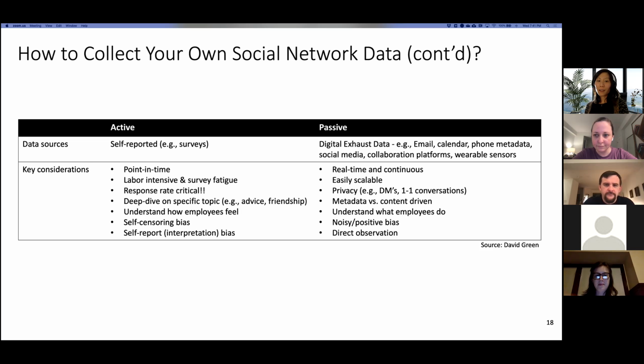Privacy issues, and also it needs some interpretation. If you see a bunch of Slack messages between people, is that a relationship or not? How do you actually code a work relationship or a friendship or an advice tie?